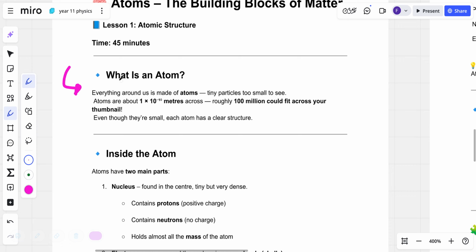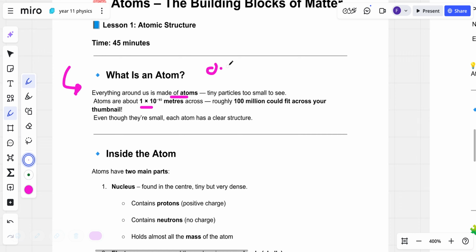Right, everything around us is made of atoms. They're so small we can't see them, like really small dust particles. This is standard form. You may not have done standard form yet in GCSE maths, but it's a way of writing a very small number.